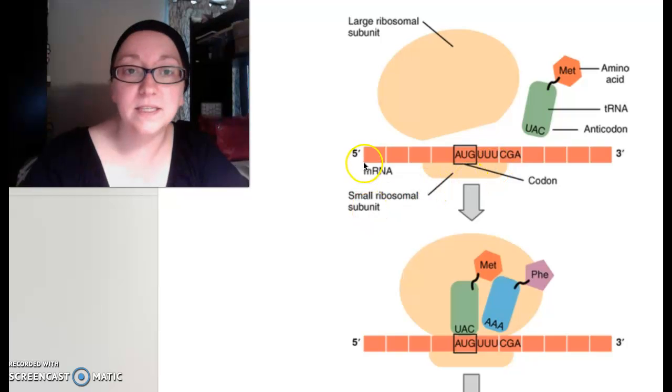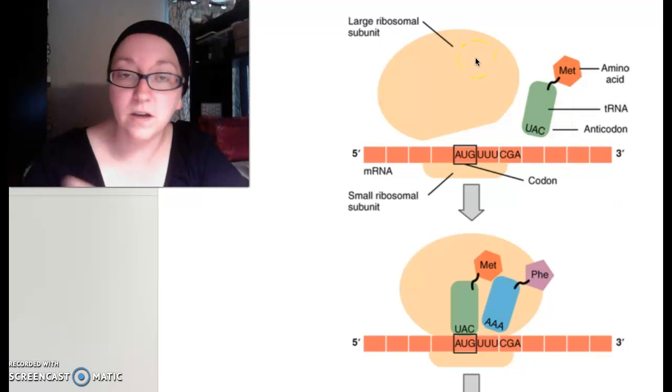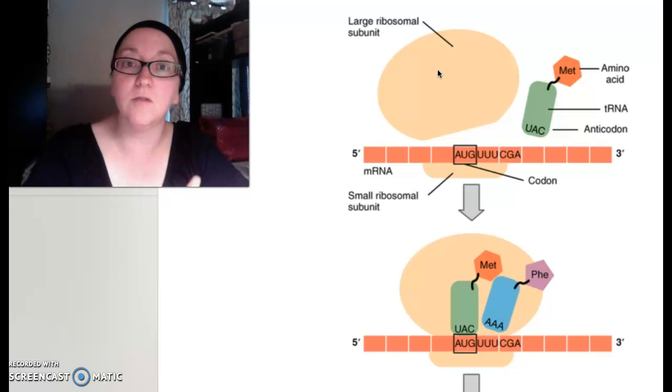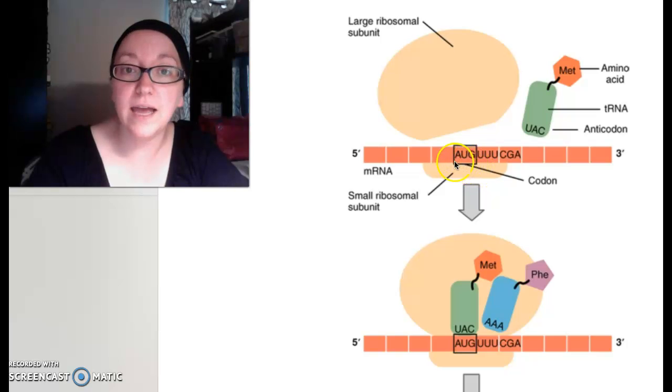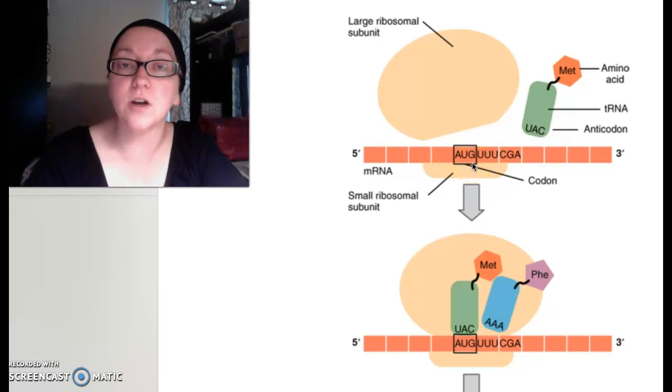So here's what happens in translation. mRNA shows up in the cytoplasm, or near the rough ER, and the ribosome's 2 subunits join together around it at the start codon. So if you see this start codon here, AUG, this is always the start codon. It's the only one that we have, and it always codes for methionine.